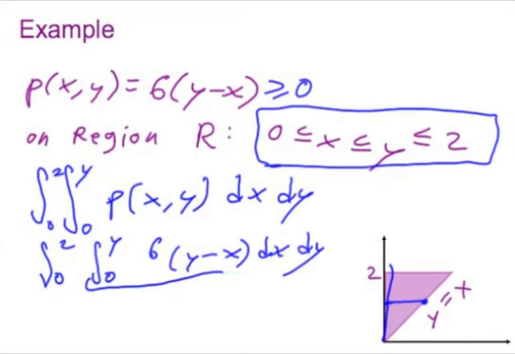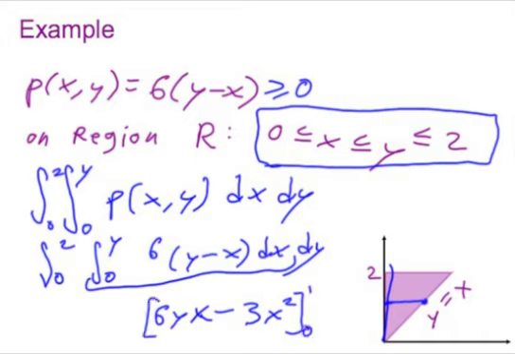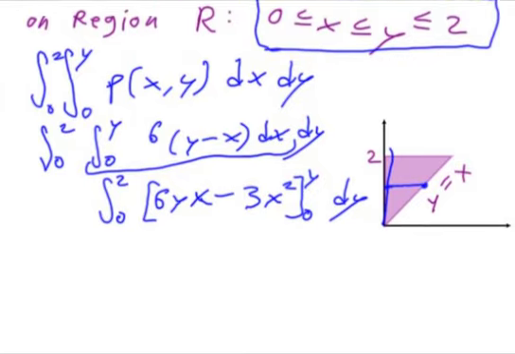First we'll do the inside piece. The antiderivative of 6y with respect to x will be 6yx, and the antiderivative of negative 6x will be negative 3x squared. Again, this is all with respect to x, and the x variables are going from 0 to y. We still have to do the outer integral when we finish that. So let's plug stuff in here.